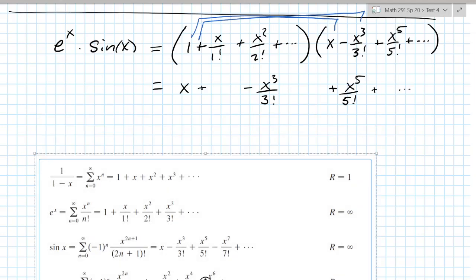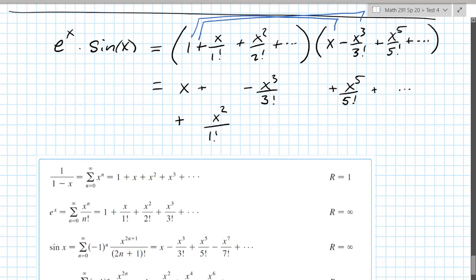Then when I go into my next term, it's going to give me x times an x will give me an x squared over 1 factorial. The next one will give me an x to the fourth over 1 factorial times 3 factorial.